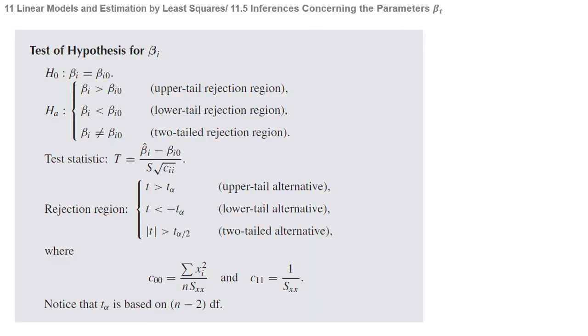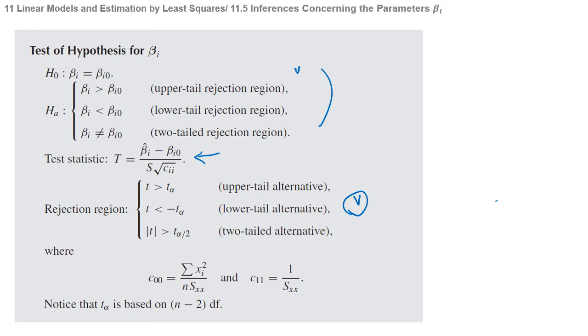Here is the summary slide of how you do the hypothesis test for beta i. For a given hypothesis test, you can construct your t-test statistic this way, and you can construct the rejection region this way, and also how you proceed with the test.